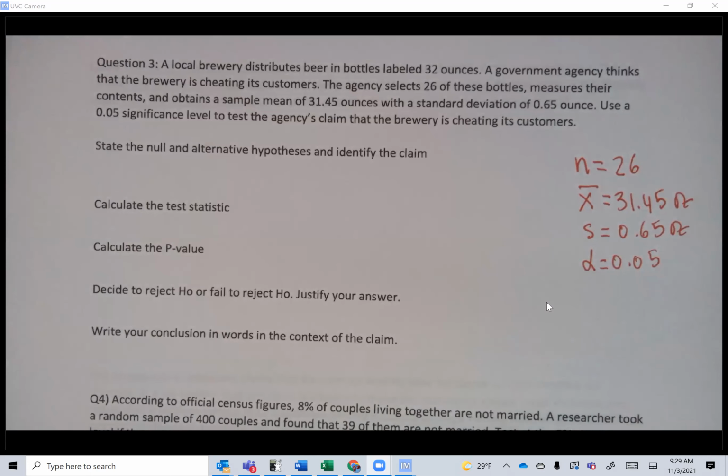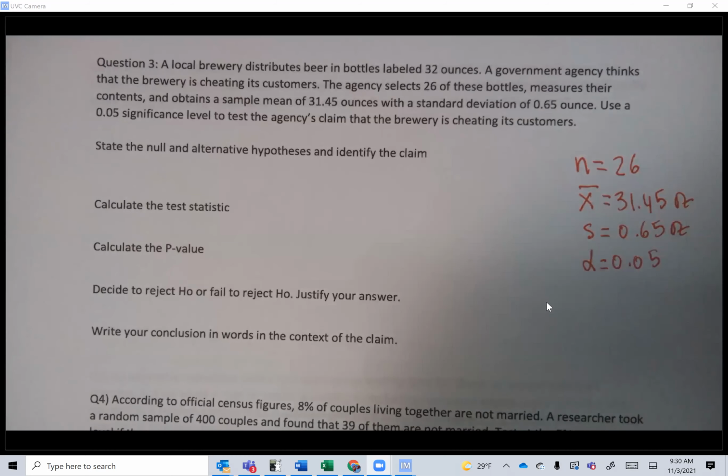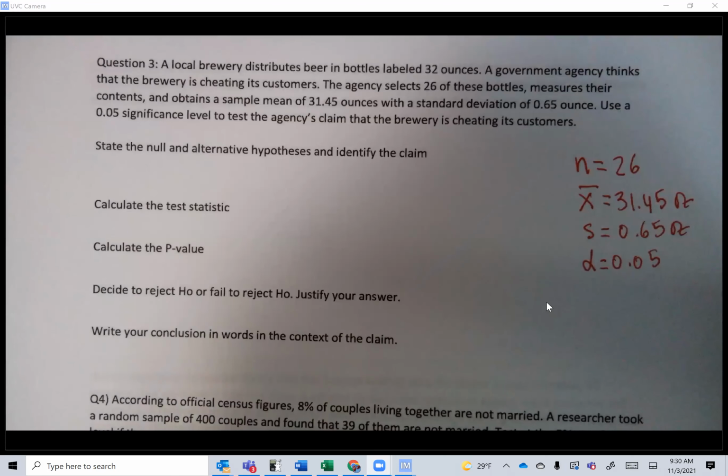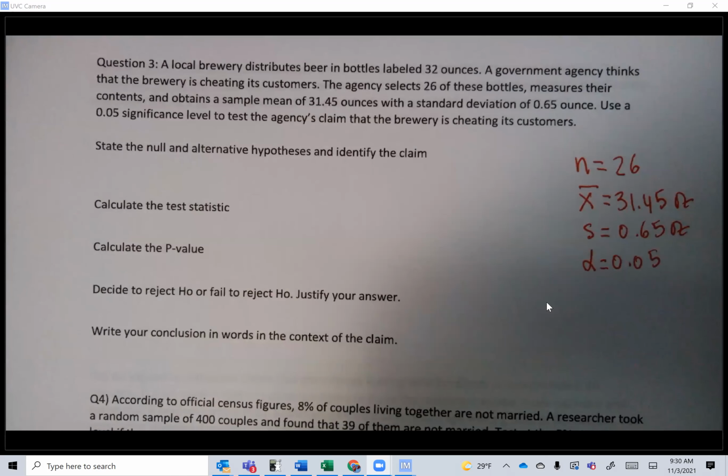So the bottle has to have 32 ounces. If the government agency thinks that they're cheating, what does that mean, guys? There's less than that many ounces? Exactly. I didn't say it explicitly in this question, but cheating means you're getting less than what you should be getting.